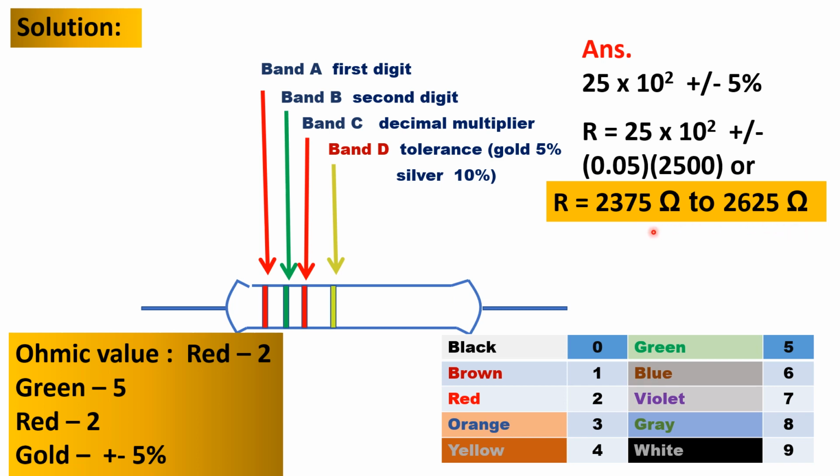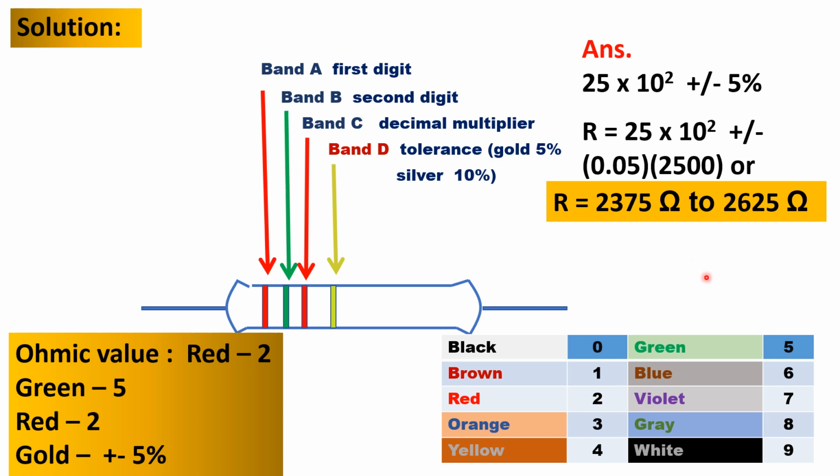So that means if you're going to measure the actual ohmic value using a multi-tester or an ohmmeter, for as long as the measured value of the resistance falls within this range, we say that particular resistor is safe to use.